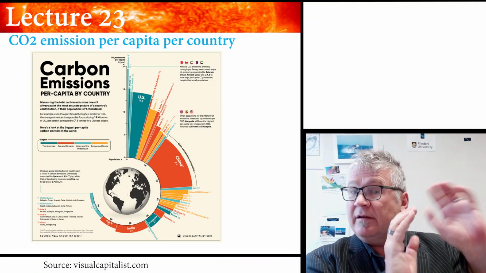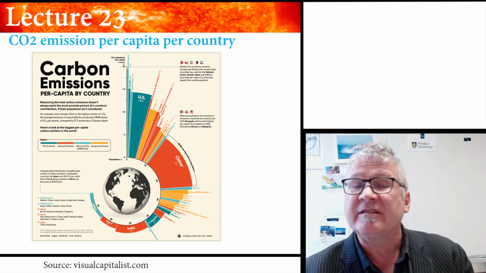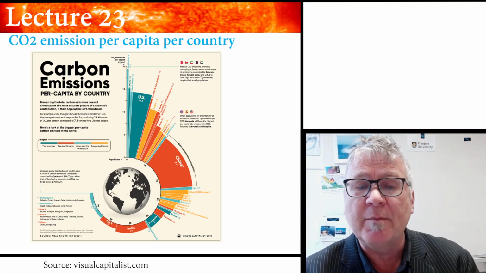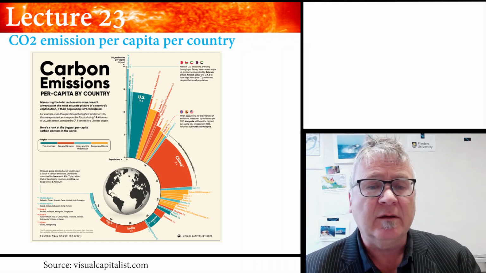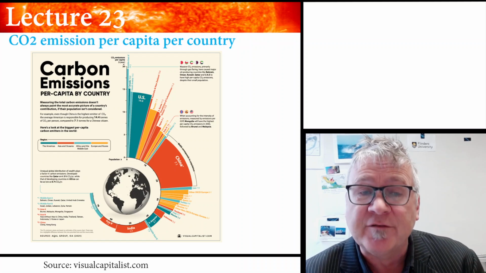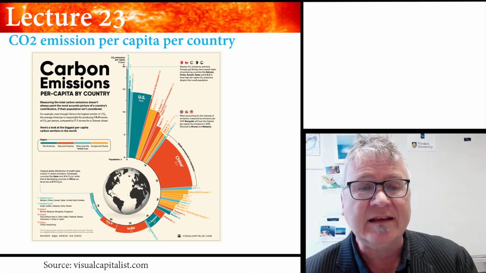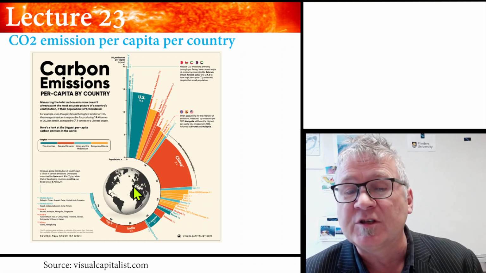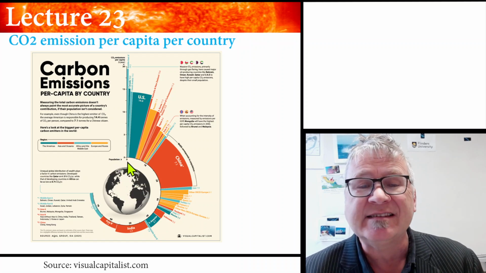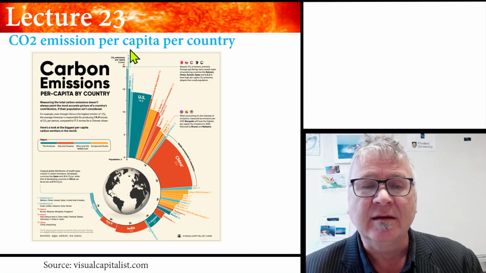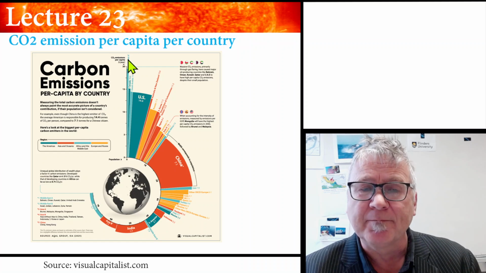So here's another very nice graph that summarizes carbon emissions. It looks a little bit busy, but what's shown here are different aspects of CO2 emissions. One is CO2 emissions per capita, on this axis, which points away from the Earth's center.